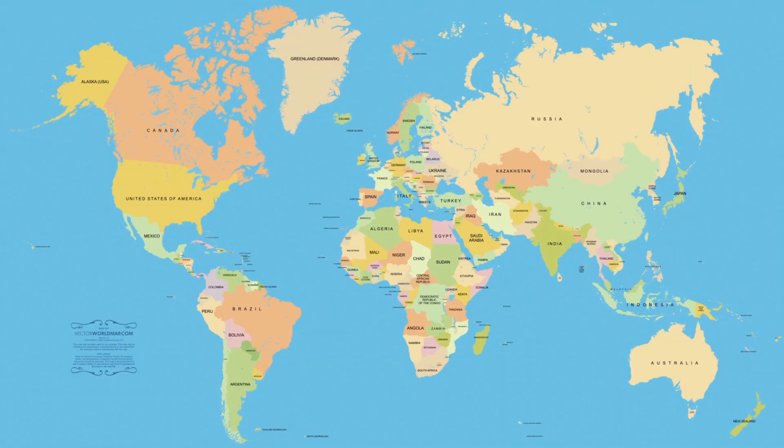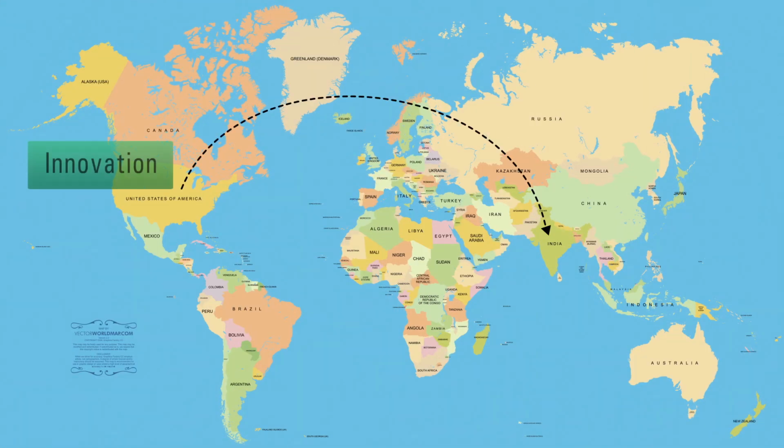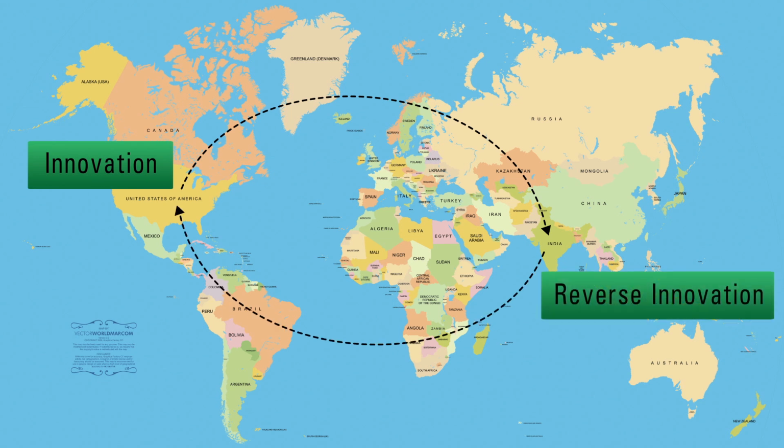What exactly is reverse innovation? You see, historically, corporations innovated in a rich country like the US and sold those products in a poor country like India. Reverse innovation is doing exactly the opposite. It's about innovating in a poor country like India and then selling those products in a rich country like the US.